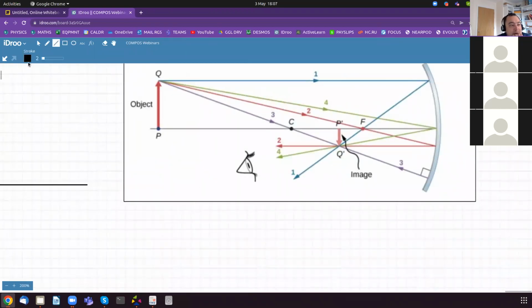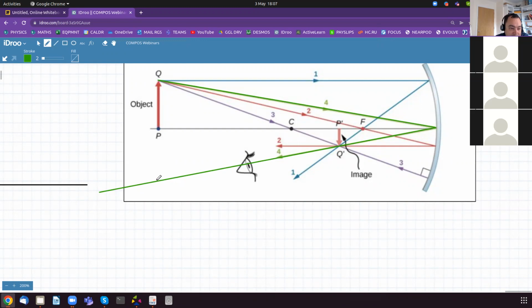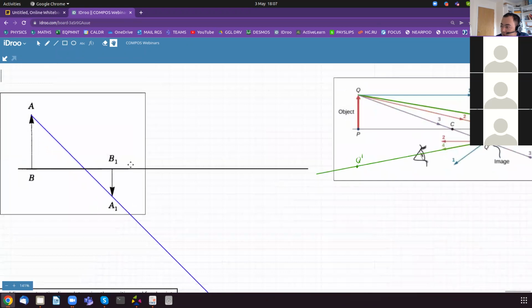So it goes from Q to the mirror, and it reflects at the same angle. So if we place a point symmetrical to Q here, let's call it Q prime, then the light would go like this and reflect and pass through this point. Okay, yeah, that is fine. That's fine, Abate.